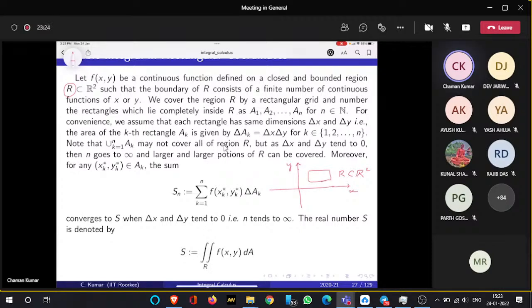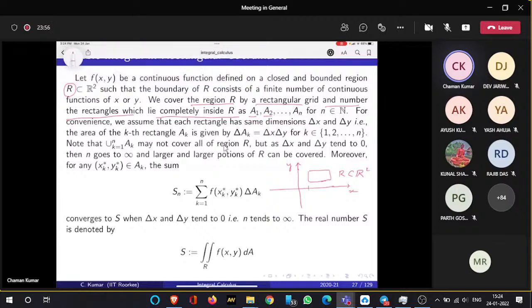So it says that we cover the region R by a rectangular grid, and the rectangles which lie completely inside R we denote as A1, A2, AN. Okay, now keep making rectangles inside it. How do you make rectangles? What is the easiest way?